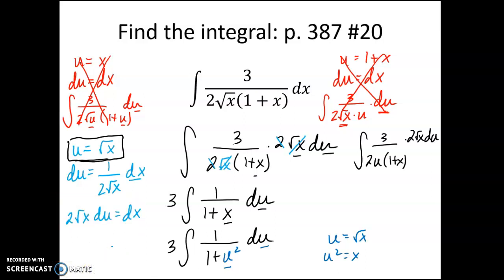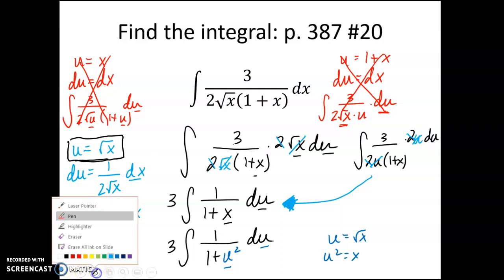But I could have taken this square root of x and replaced it with u because it's the same exact thing. If they're equal to each other, I can substitute in whatever piece that I want. Still verifies that those u's cancel. 2 divided by 2, those still cancel. So no matter which way you solve it, that would be the resulting integrand. So even after canceling them, we still need to make one more u substitution.